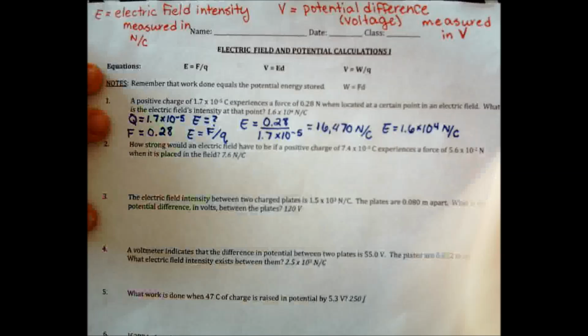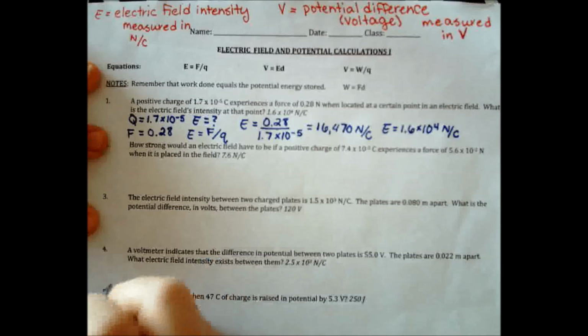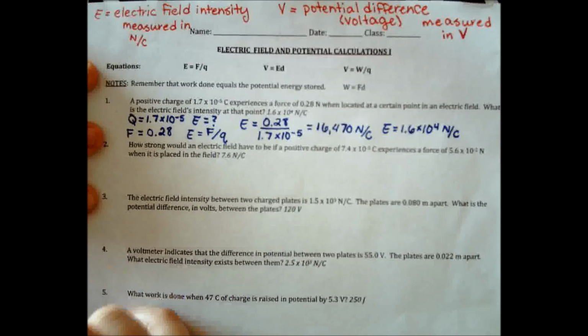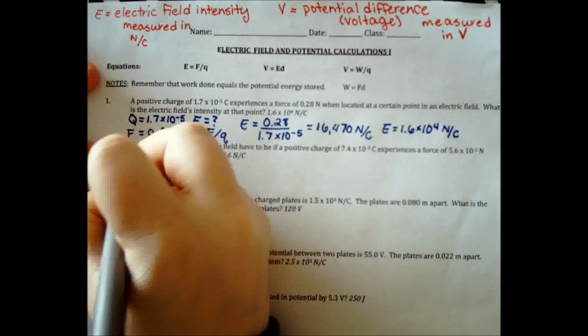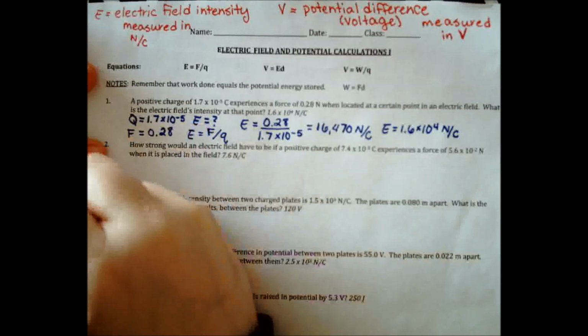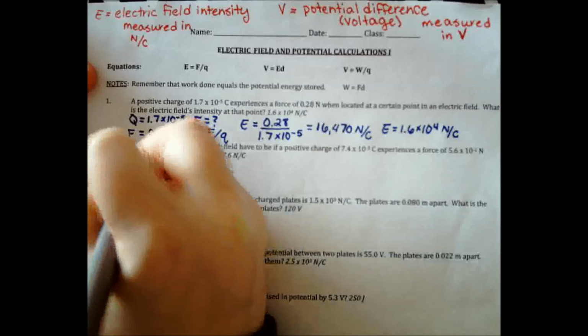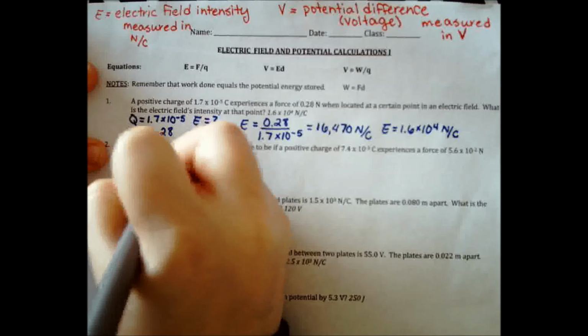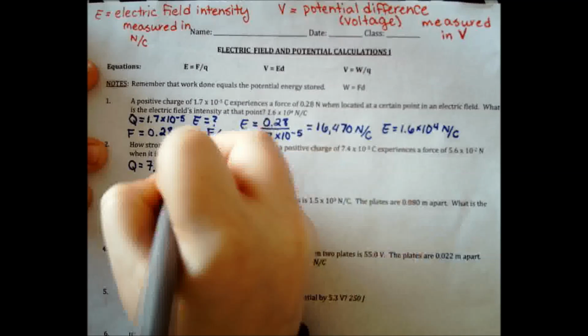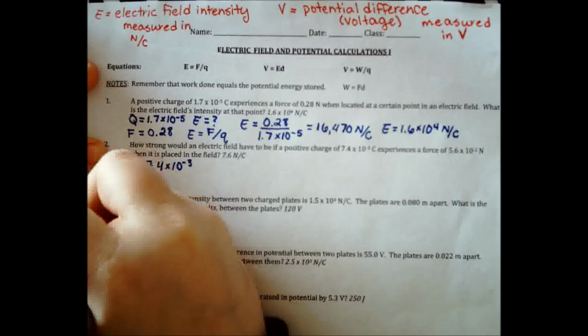Alright, number 2. How strong will an electric field have to be if a positive charge of 7.4 times 10 to the third coulombs experiences a force of 5.6 times 10 to the negative 2 newtons when it is placed in the electric field? So, it's worded differently, but it's basically the same problem. Our charge is 7.4 times 10 to the negative third.